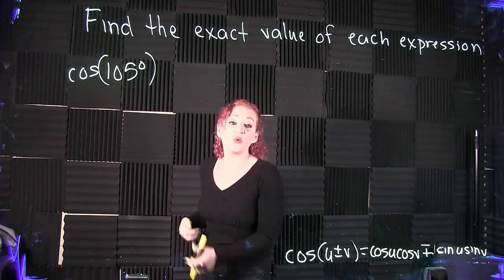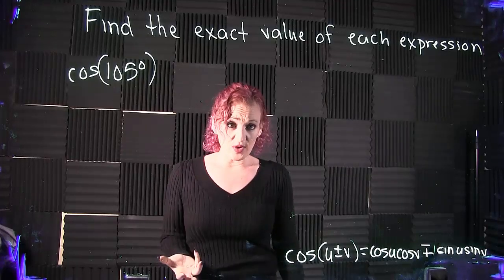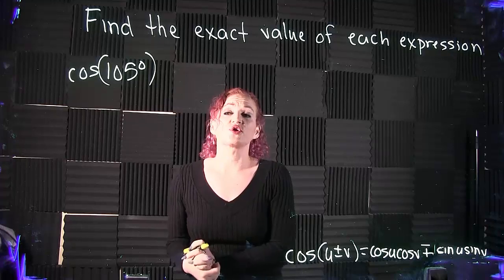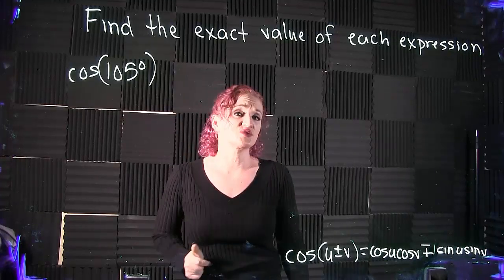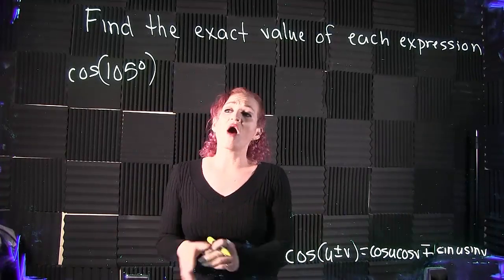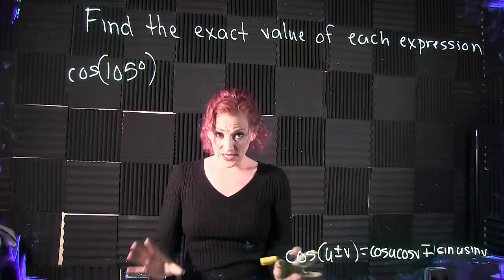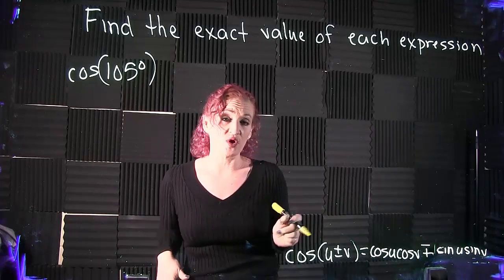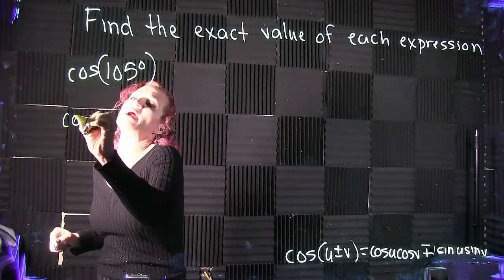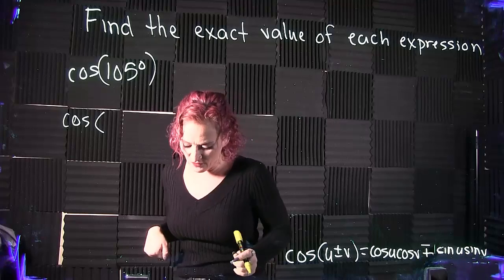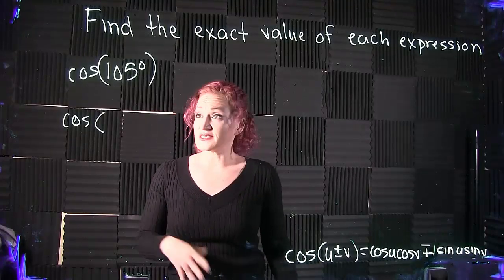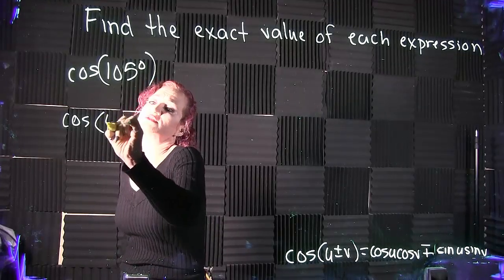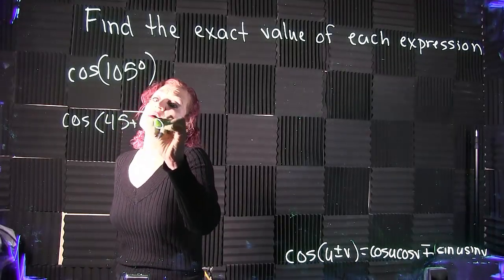Now, what we can do with this problem is take the 105, and 105 is not one of the common angles around our unit circle, but we can break up this 105, and as long as we have 2 separate angles, which are general angles on our unit circle that add up to 105, we're okay. So instead of 105, I can say that this is cosine of 45 plus 60.